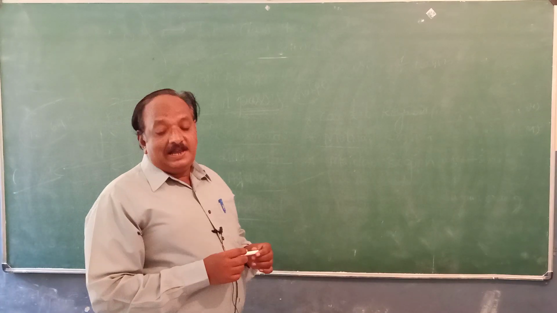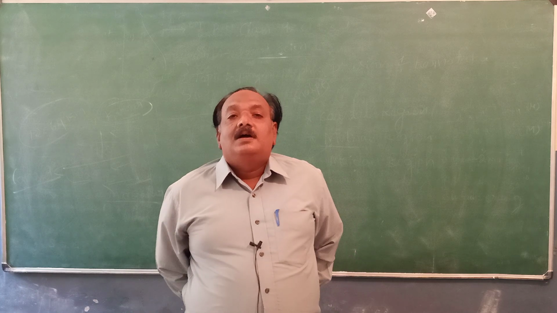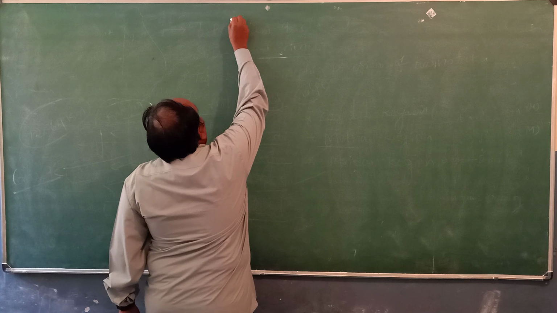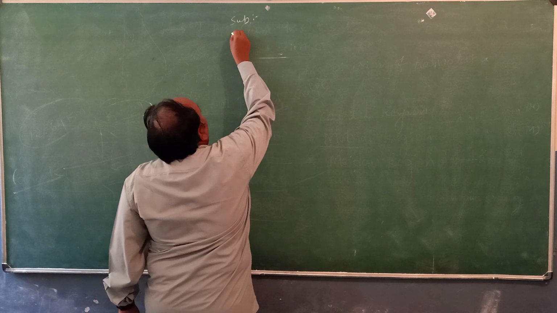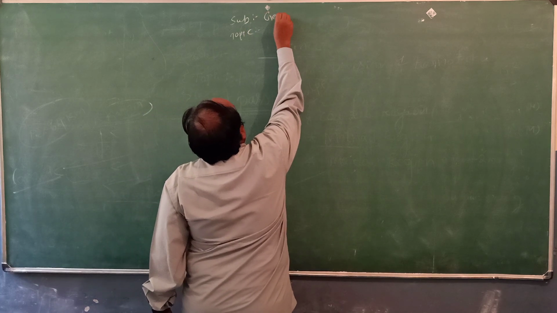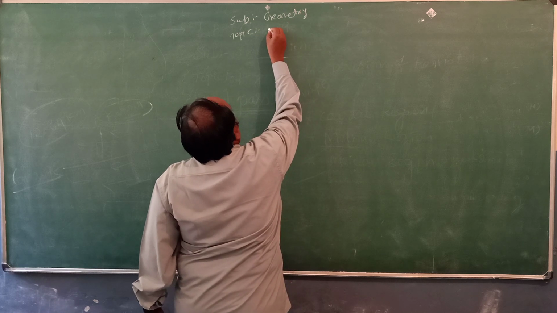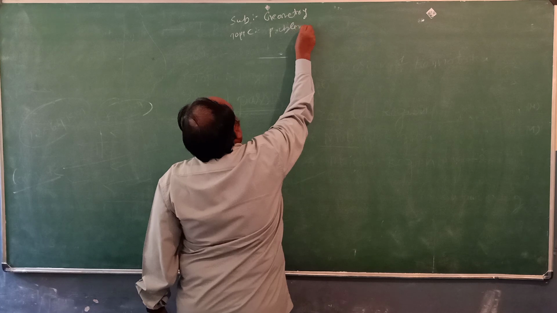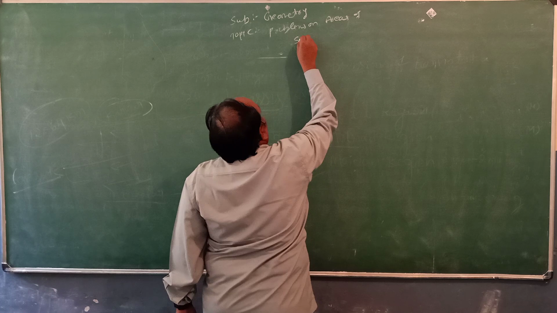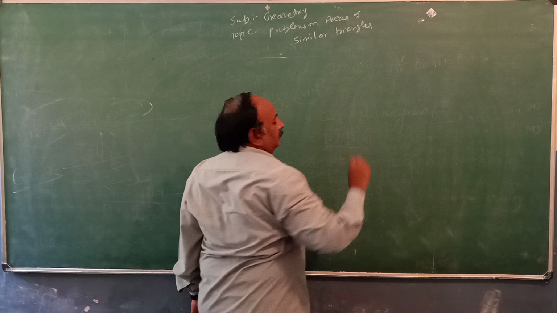In the last class, we discussed the theorem: areas of similar triangles are proportional to the squares of their corresponding sides.